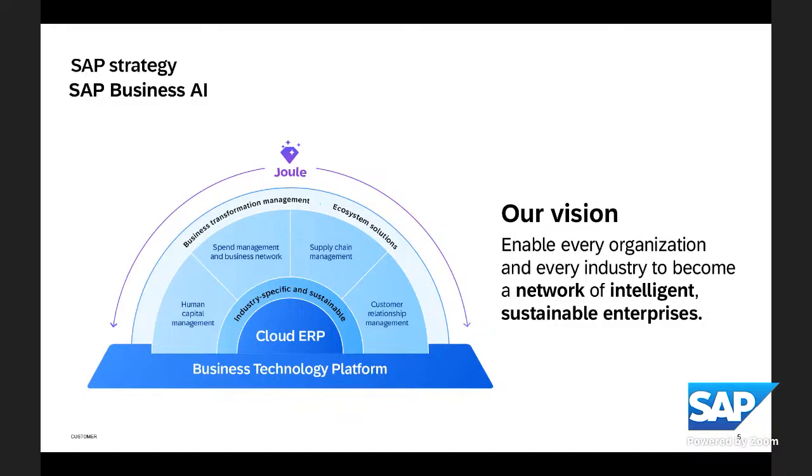And we embed AI directly into our ERP, into S/4HANA, and we ensure that businesses can start benefiting from these AI-driven efficiencies right out of the box. So we have a lot of pre-built AI use cases that we deliver. We'll talk about that in the upcoming slides. And this embedded intelligence allows you basically to automate the processes.